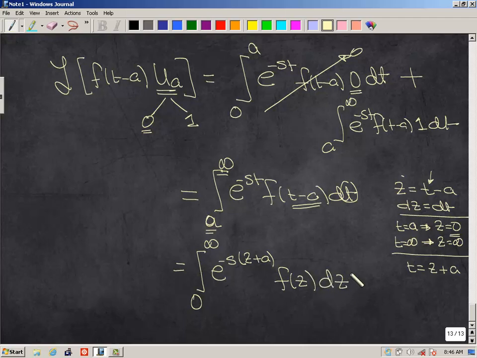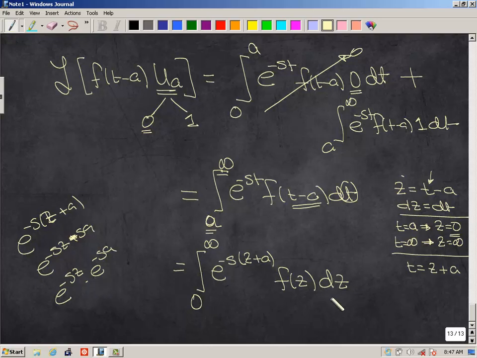Now you might go, why do I go through all of this work? You'll see in a second why. If you notice, e to the minus s(z plus a) can be written as e to the minus sz plus minus sa, and you can write it as e to the minus sz times e to the minus sa, just using exponentials.